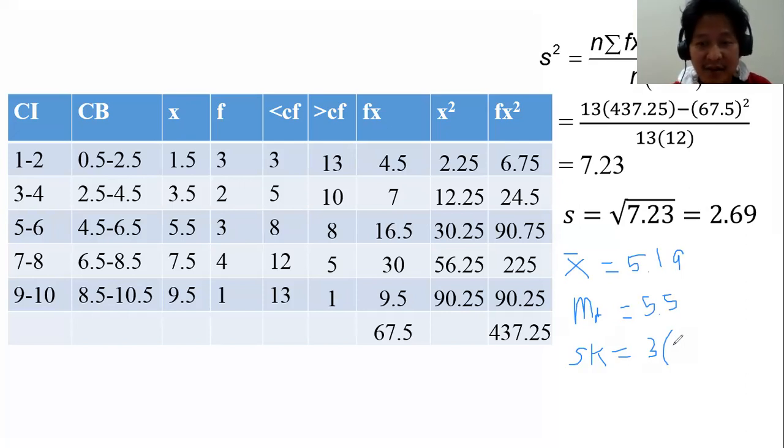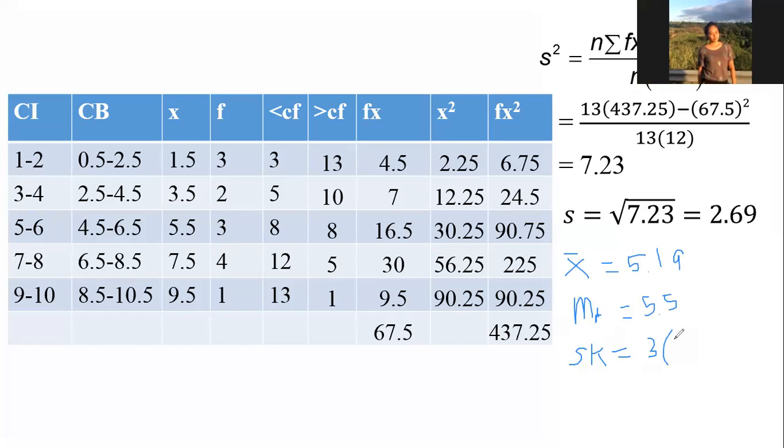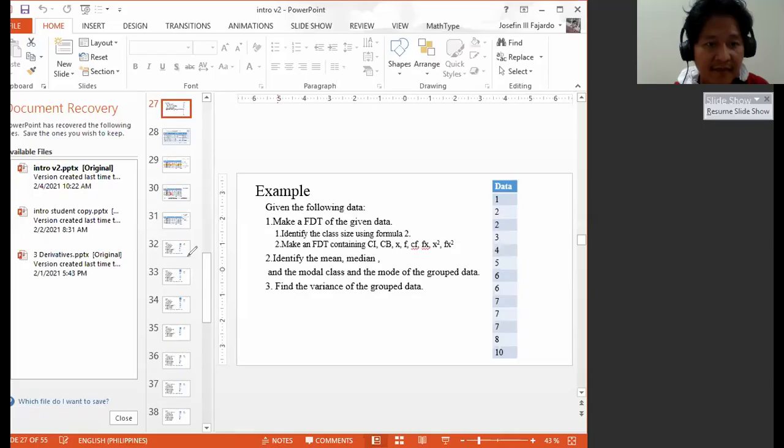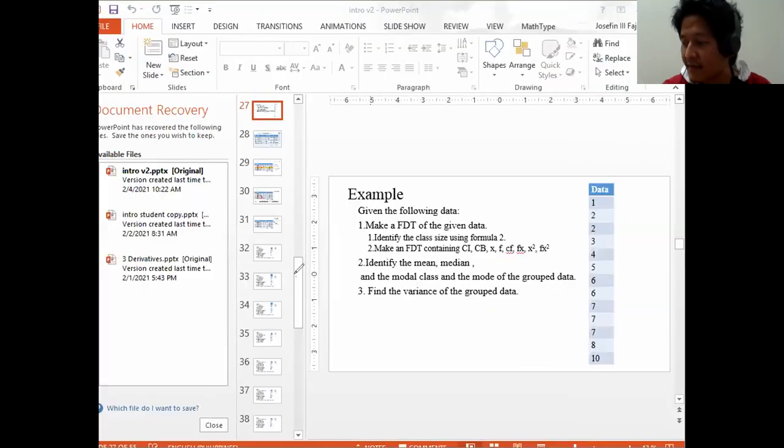Ay, wala na naman akong kausap. Ano yung skewness natin?